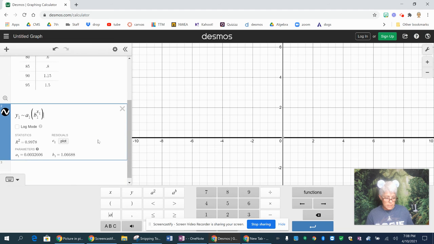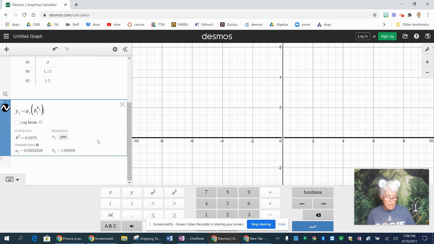Now you can see they give me my A and my B. Is this showing growth or decay? Look at B. Is B more than 1? If B is more than 1, it's showing growth. B is 1.06688, so yes, it's showing growth.